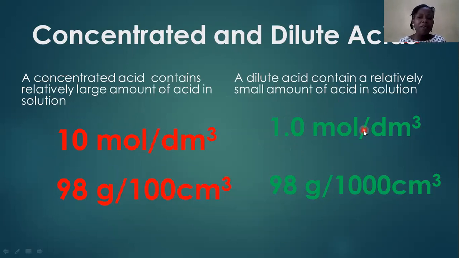But if I have 10 mole per dm cube of trioxocarbonate (IV) acid, it is a concentrated form of the weak acid, while 1.0 mole per dm cube is a dilute form of the weak acid, trioxocarbonate (IV) acid. I hope we are getting this.